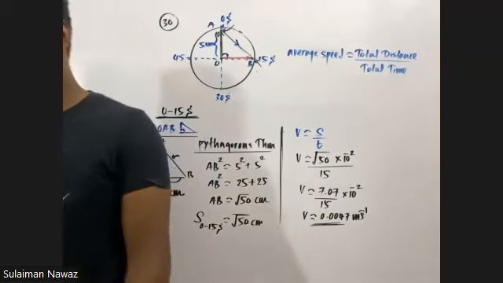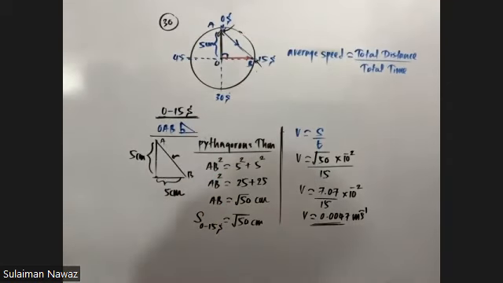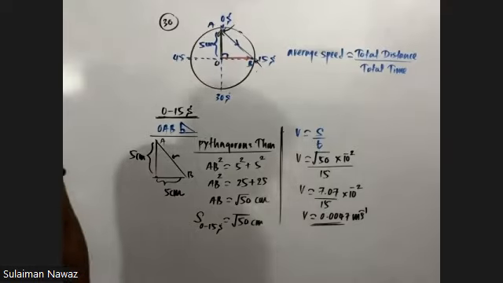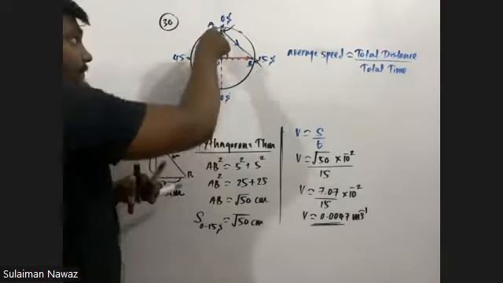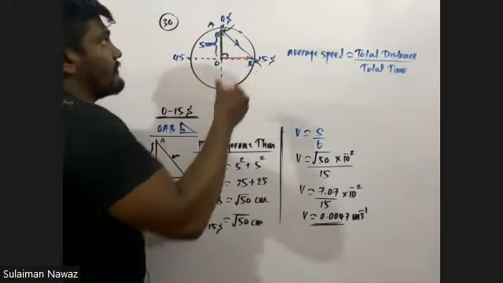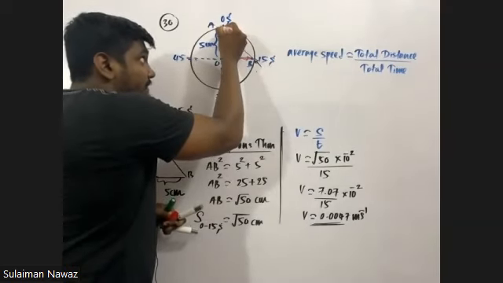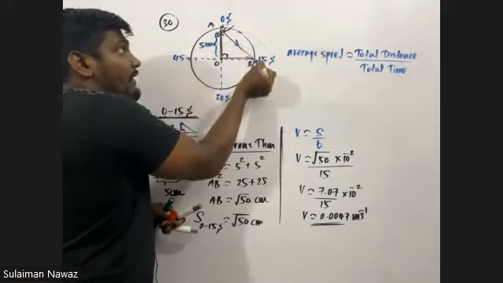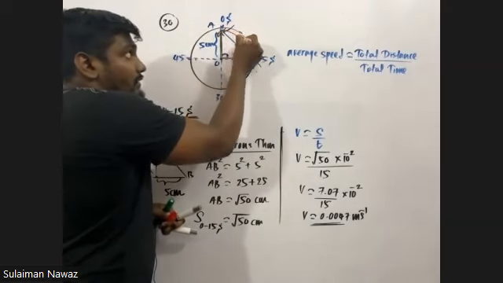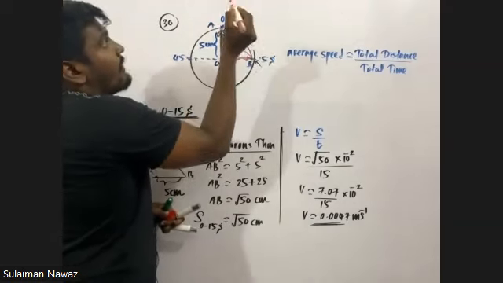What shape of path? Within a 15 second time period, what type of path is traveled by the tip of the second hand? It's an arc, right? When you consider the tip, it travels in a circular arc.